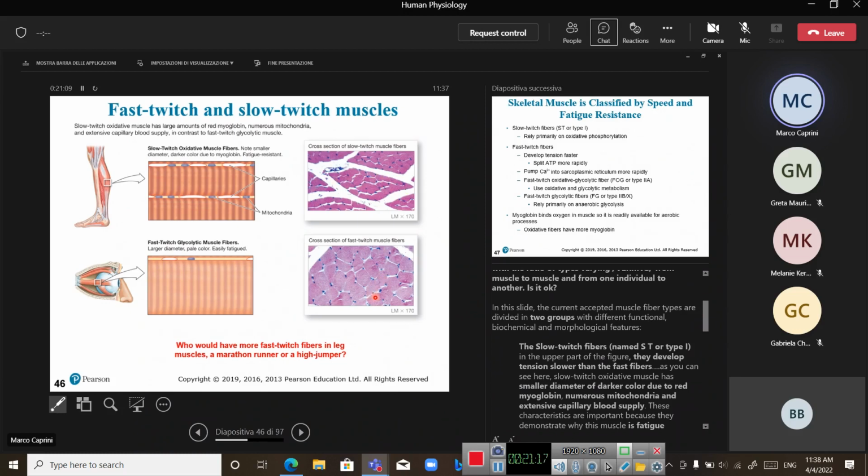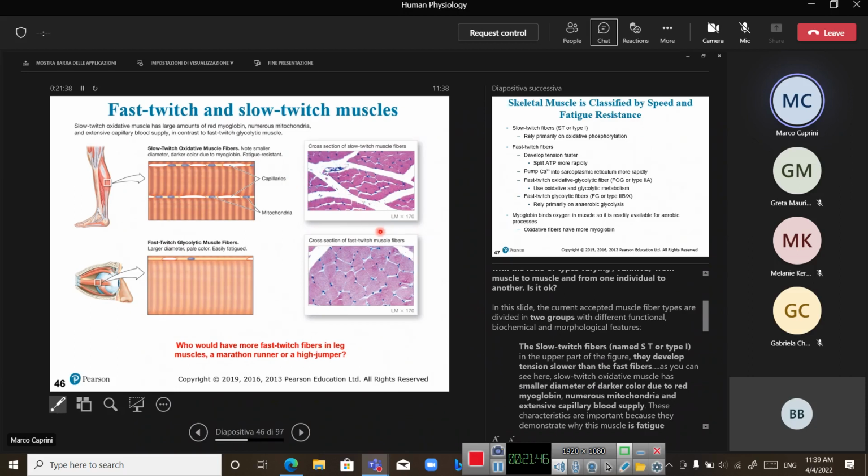And for me, these two types are sufficient to describe the type of skeletal muscle that we have in our body. Okay, there are other subtypes, but it's not necessary for you and for our course to understand other subtypes of skeletal muscle fibers.